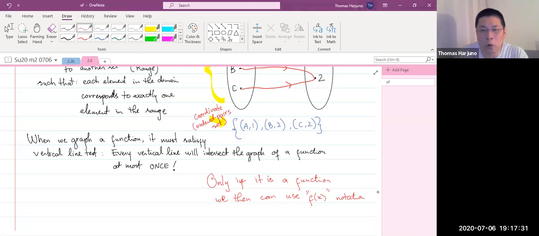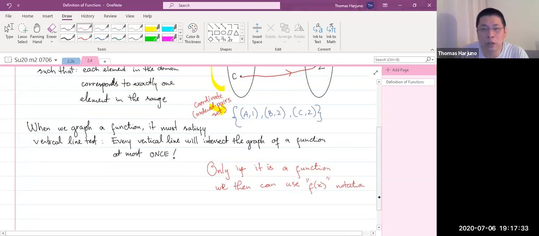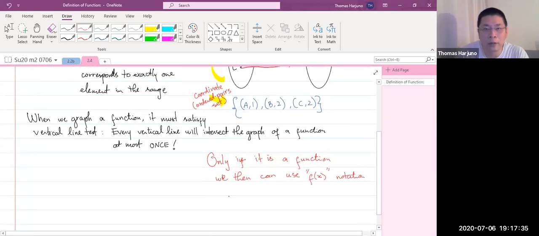For example, if you look at the ordered pairs above, A goes to 1, we can write it as f of a, where a is the input and the output is 1. f of b, the input is b, the output is 2. f of c, if the input is c, the output is 2.